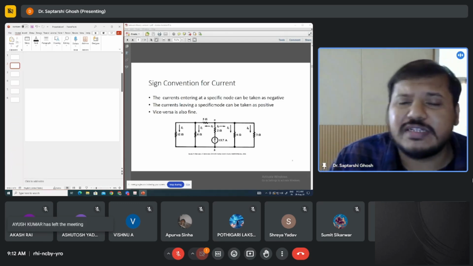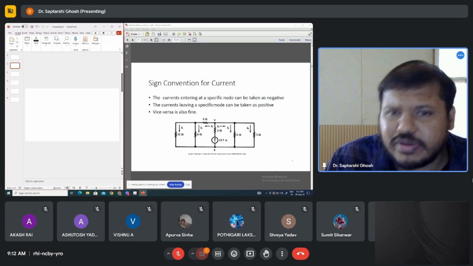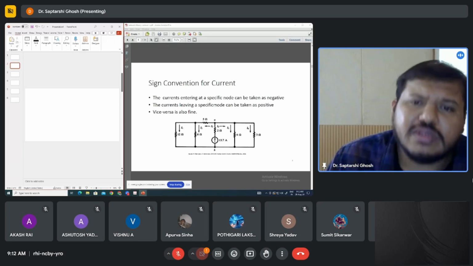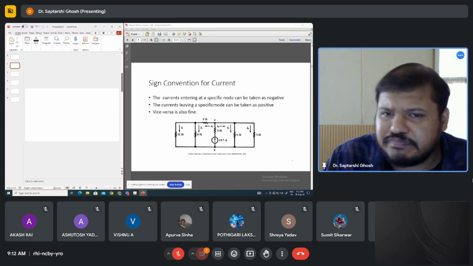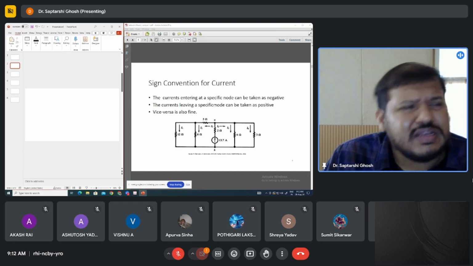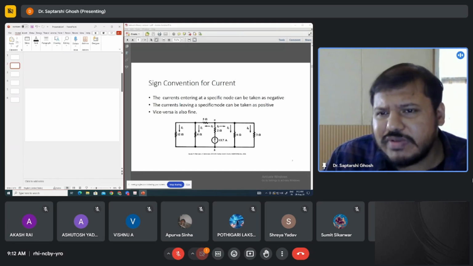If you change the convention in between the solution of a particular problem, it will be wrong. Whatever convention you follow, or if you already know some convention from your previous learnings, you can also use that. I will be using this, or in whatever notes and lecture slides you get, this convention will be used.